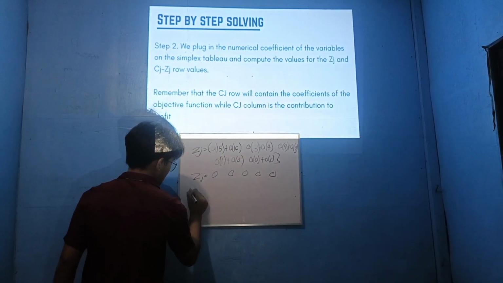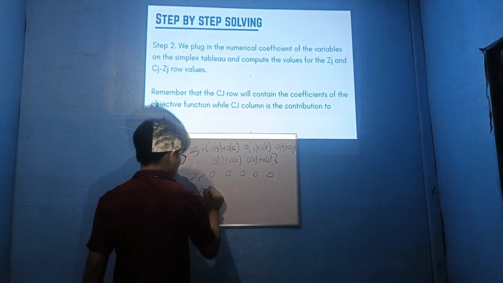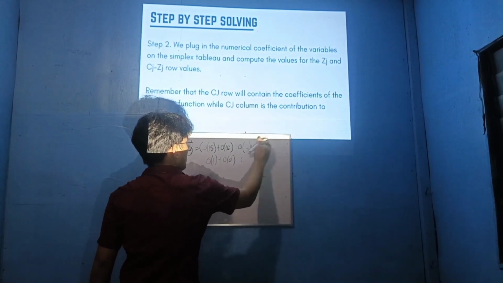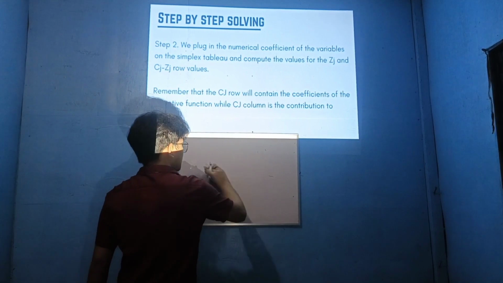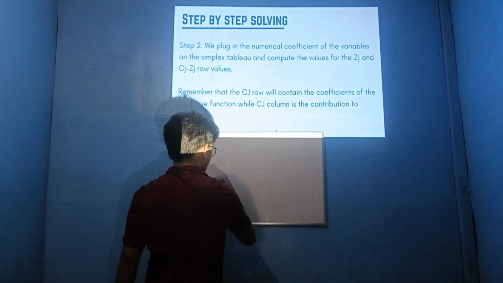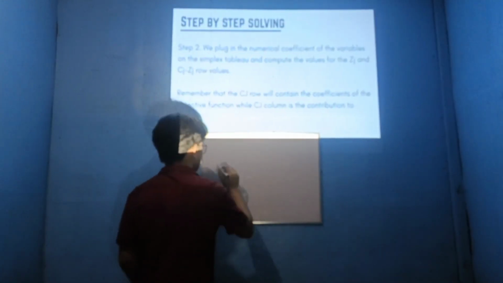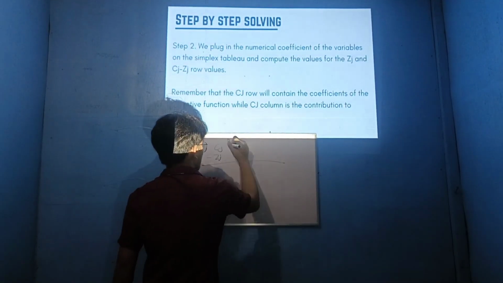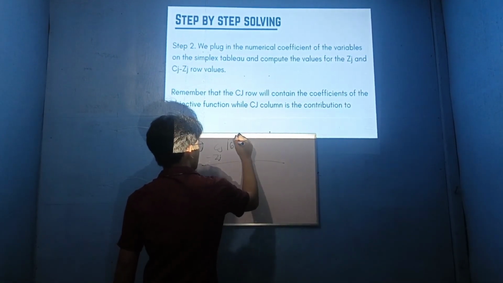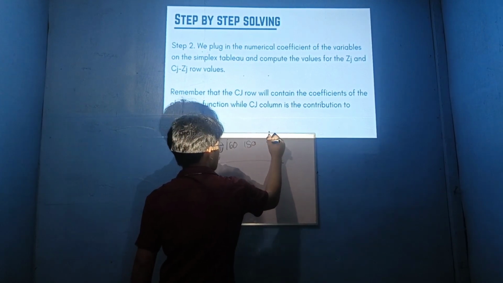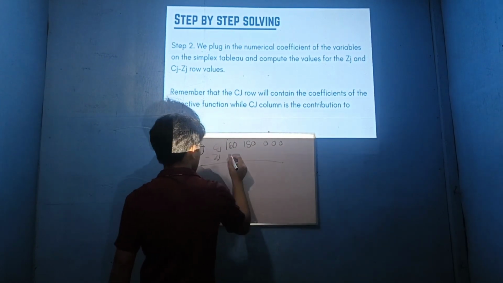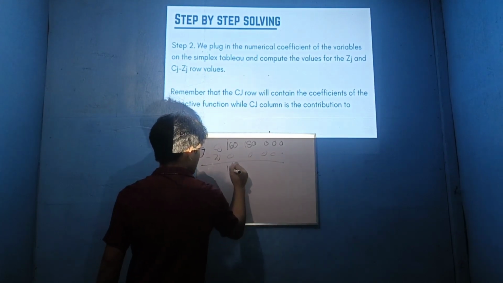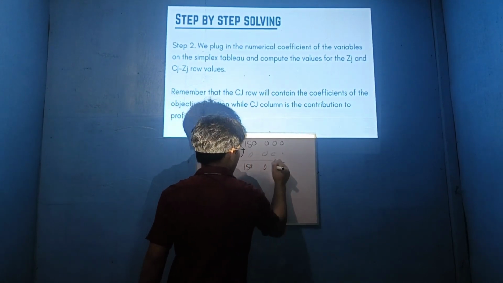To compute for the cj minus zj row, cj needs to be subtracted by the zj row. The cj row will be 160, 150, 0, 0, 0, and our zj is 0, 0, 0, so just bring down 160, 150, 0, 0, 0.